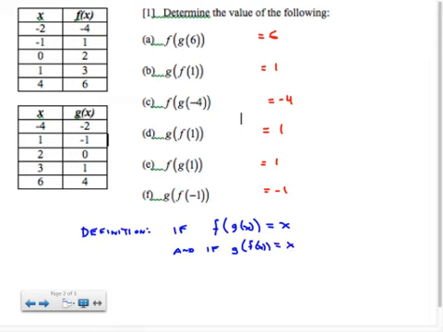So it happens both ways, whether you go first into g then into f, or first into f then into g. Okay, then we call f and g inverse functions. They are functions that undo what the other function does.